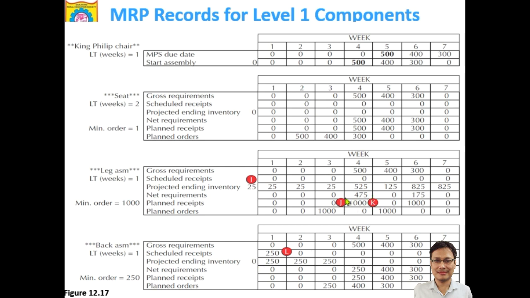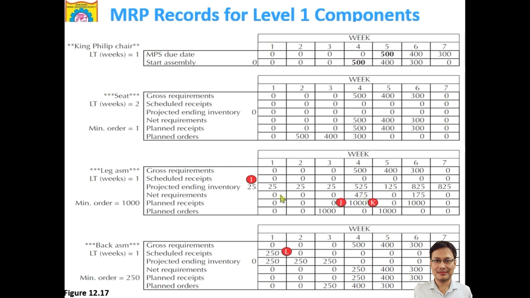So we already have an inventory of 25 leg assemblies on week number 3. We deduct this 25 from the 500 gross requirement, and we get the net requirement, which is 475, written here in the net requirement.